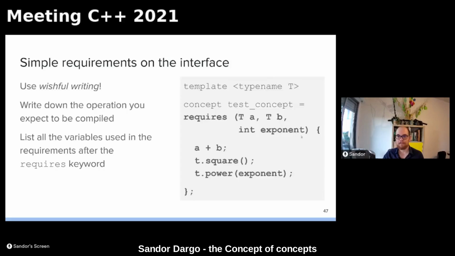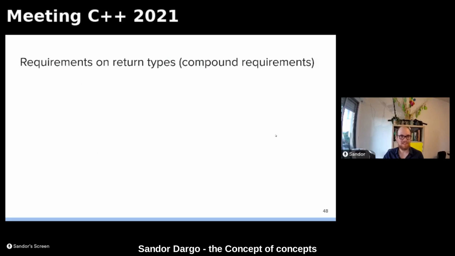And if you have some parameters, so we expect for this test concept that whatever type satisfies it should have a method power that takes an integer as an exponent, you have to list that, okay, we'll need an exponent that is an integer. It's that simple. It's really just wishful writing there.